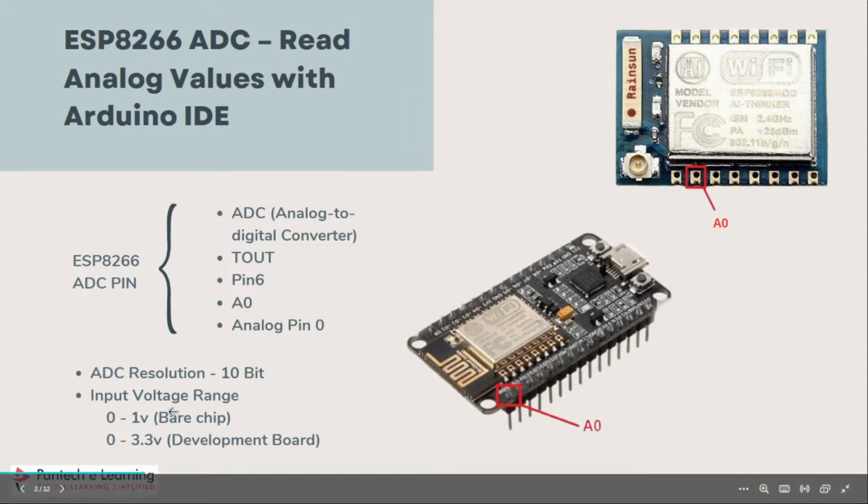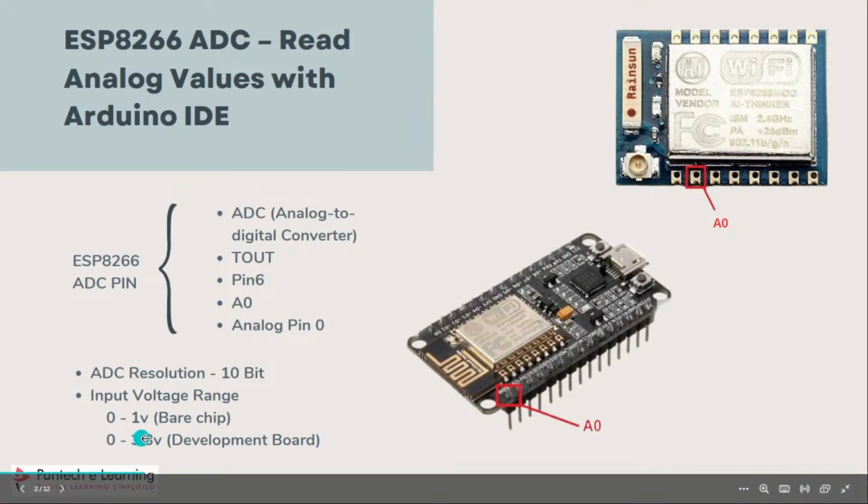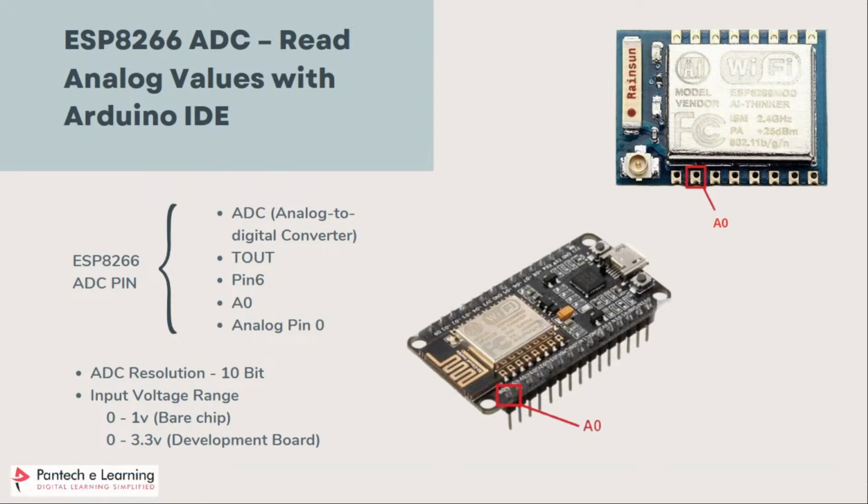However, most ESP8266 development boards come with an internal voltage divider, so the input range is 0 to 3.3 volts. So the ADC voltage range in an ESP8266 development board is 0 to 3.3 volts, for example the ESP8266 12E NodeMCU kit or Wemos D1 mini. The ADC voltage range in an ESP8266 chip is 0 to 1 volt, for example the ESP07 chip or ESP12E chip.